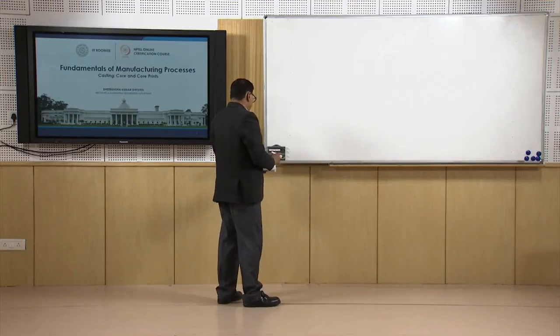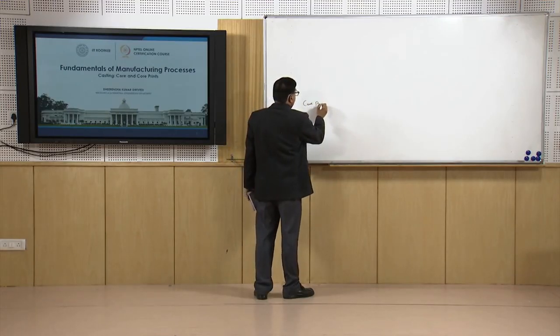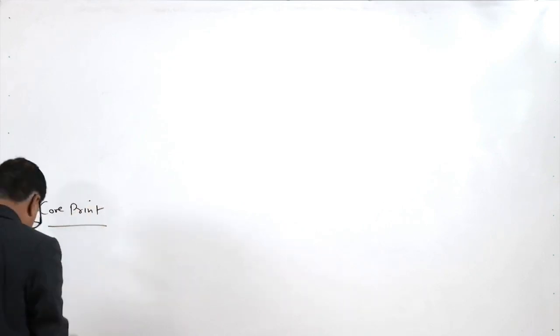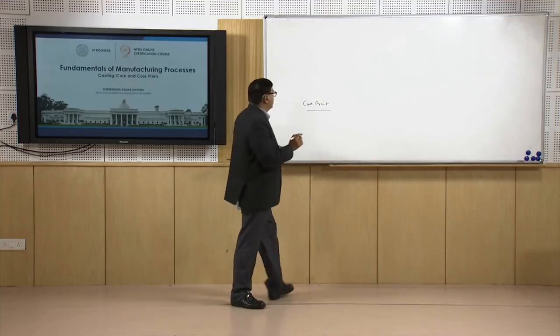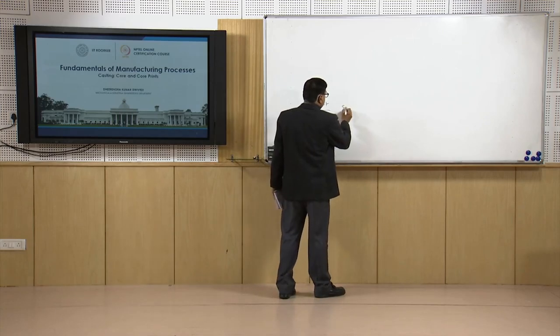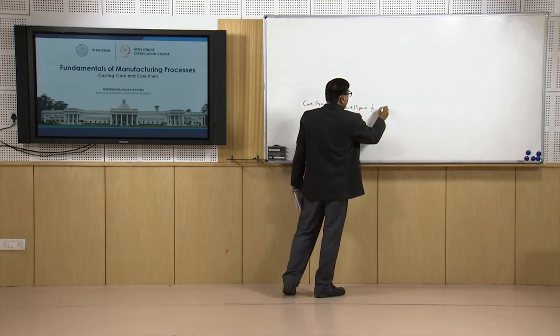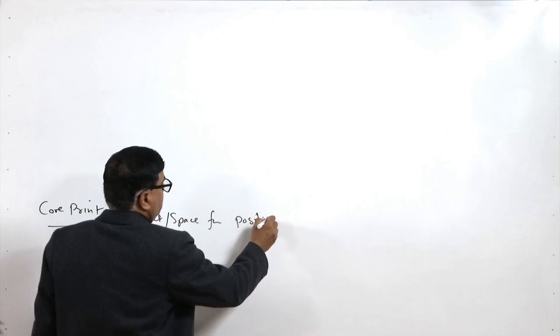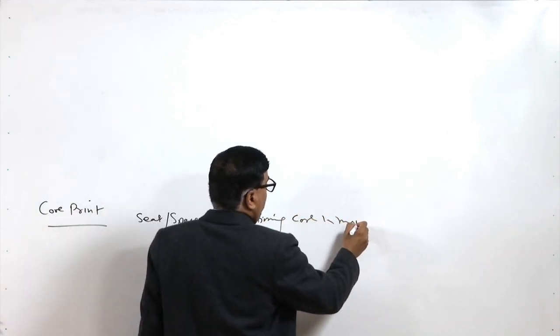Now, we will be talking about the core print. Core print basically provides the seat or the space for positioning the core in the mold.